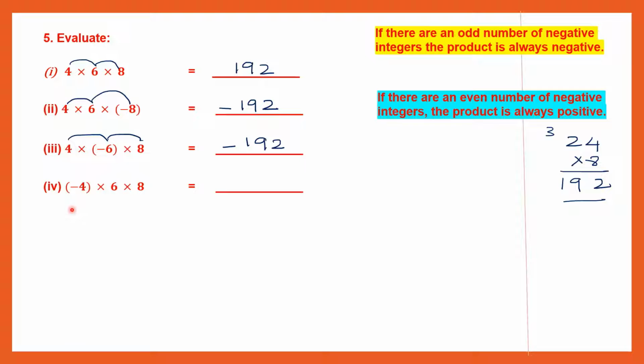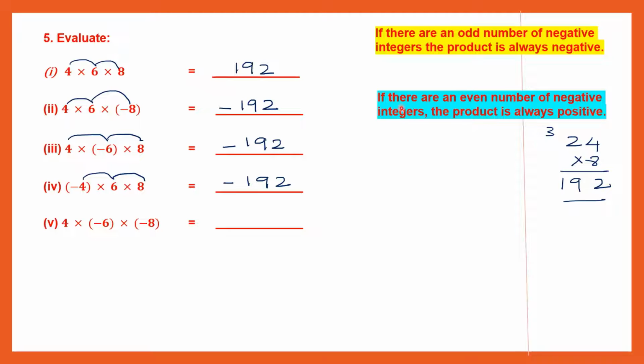Next one. Here we have one negative integer. It's an odd number. So the answer will have a negative sign. And 4 into 6 into 8 is 192. So the answer is minus 192. Fifth one, look out for the negative integers, 1, 2. So that is an even number. 2 is an even number.